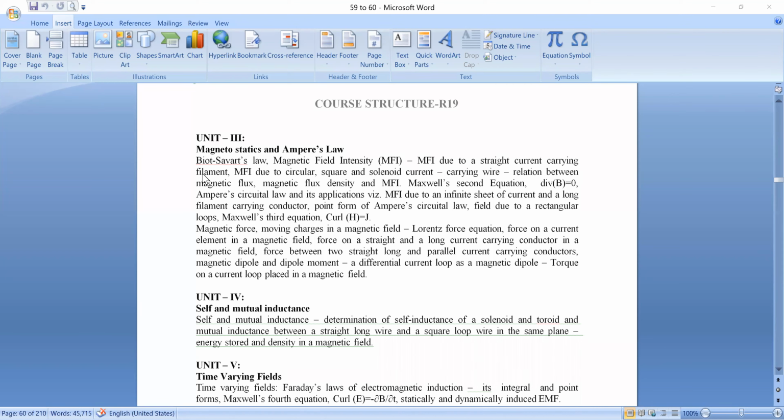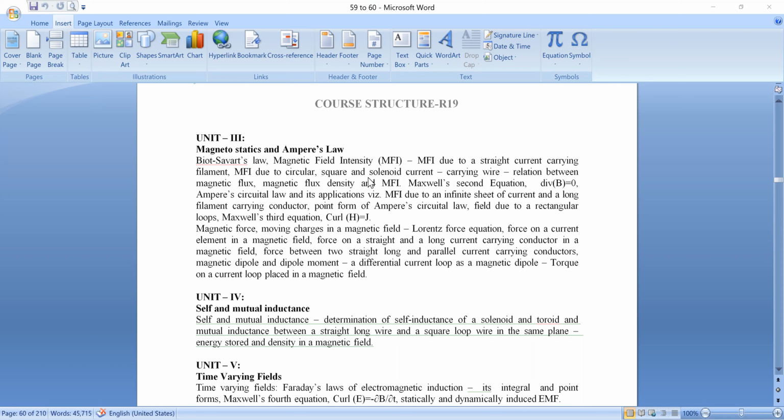That means with the help of Biot-Savart's law, we have to find the formula for magnetic field intensity developed in a circular shape conductor, and also in a square, solenoid shape, and also in a wire.